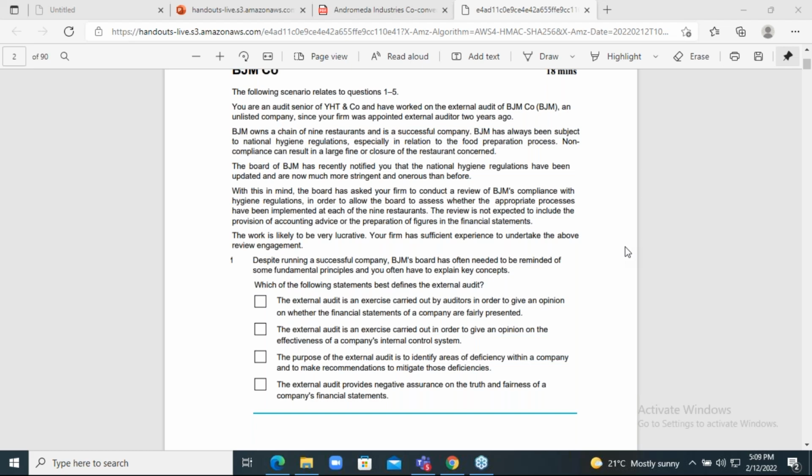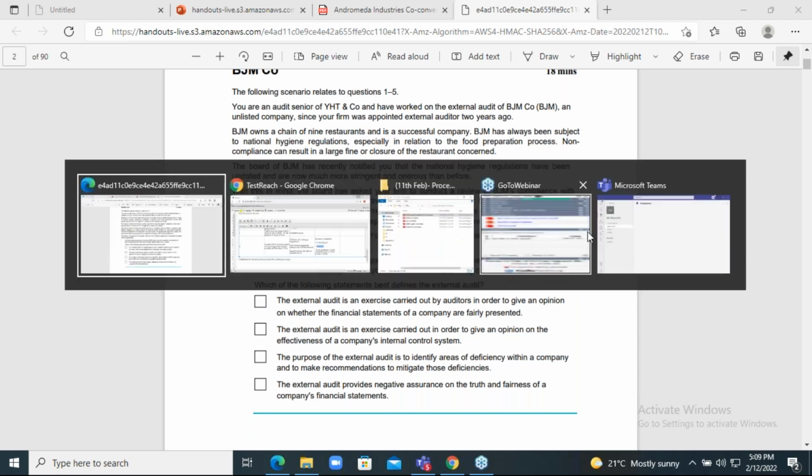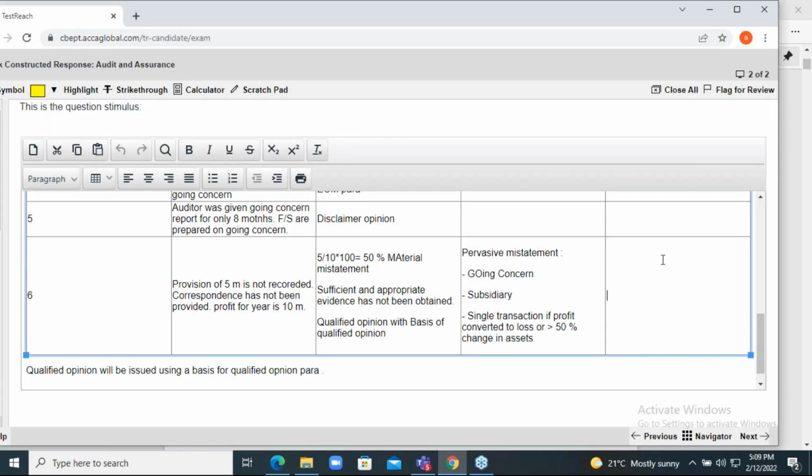So the calculation regarding this issue is that there are OTs for 30 marks, then there is an audit risk question, then there is a control deficiency question, then there is a procedure question.